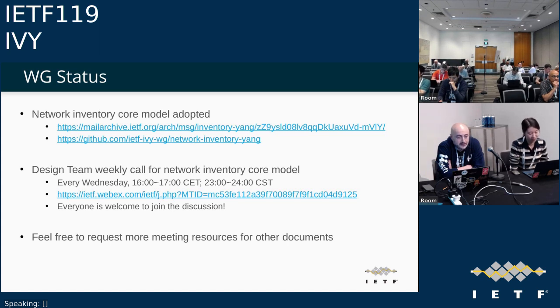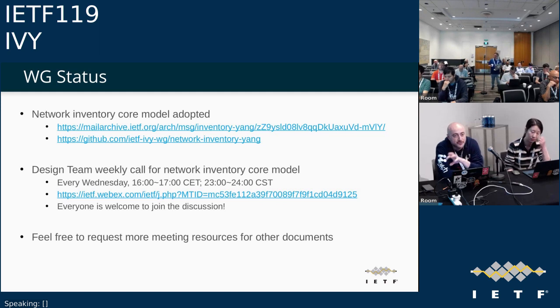We had a couple of side meetings during the week. One of them was focused on scoping. If you remember, we had raised this issue about IV boundaries. What is inventory?